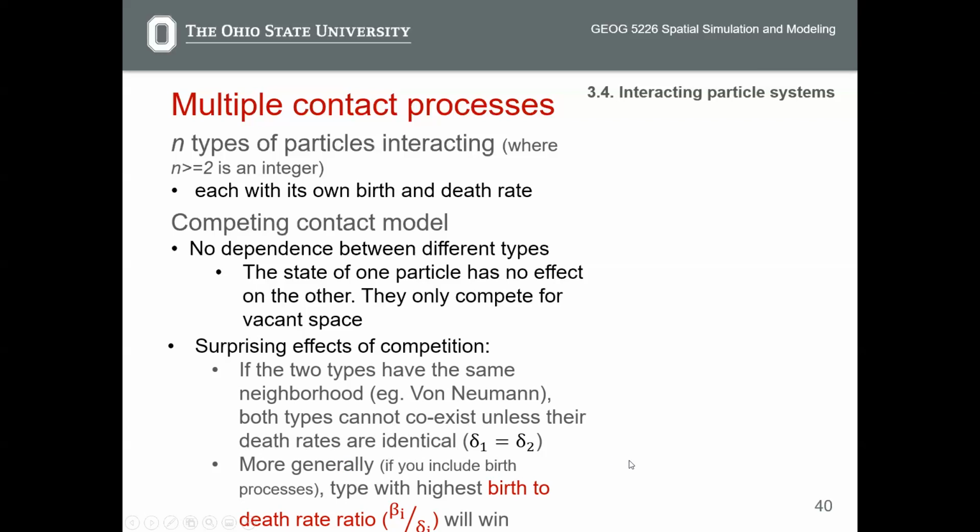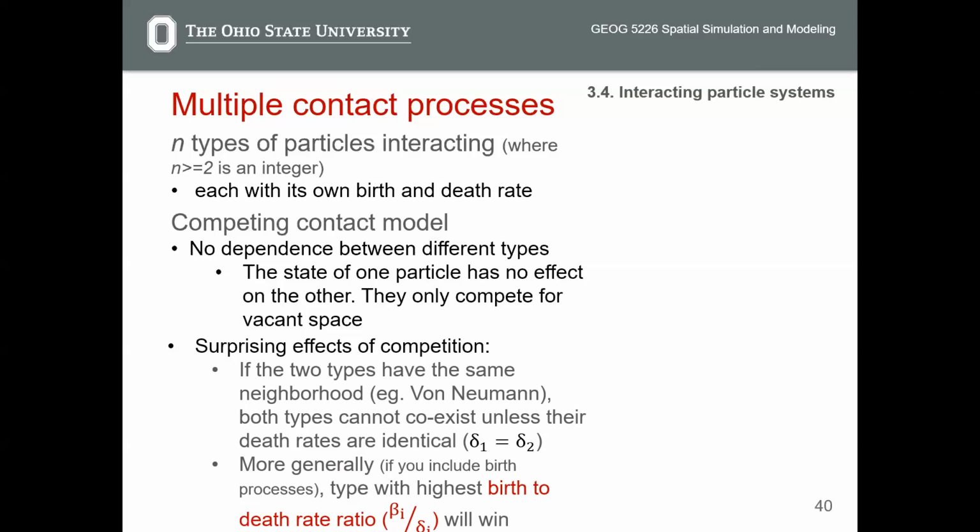Delta 1 is equal to delta 2. So what's the meaning of delta? The higher the delta, the higher the probability that a living cell will die after the next tick. That's why it's called death rate, right? More generally, the type with the highest birth to death rate ratio will win.